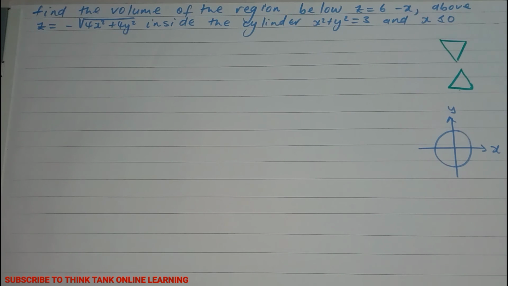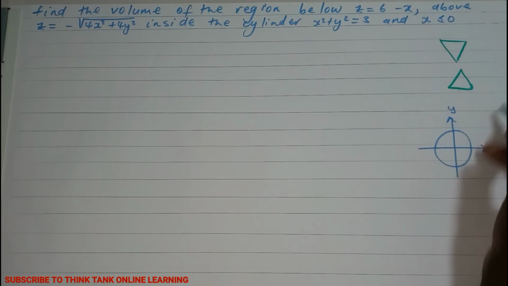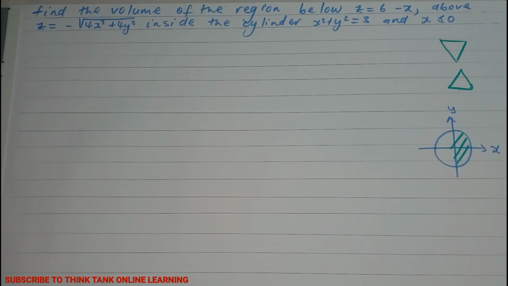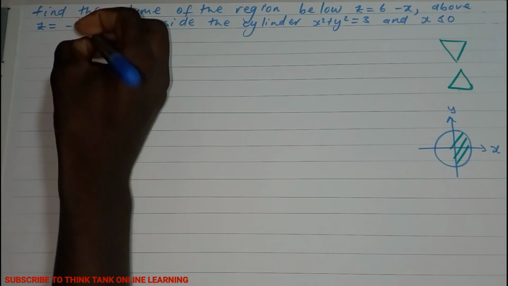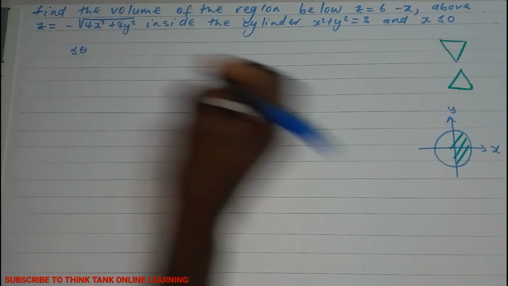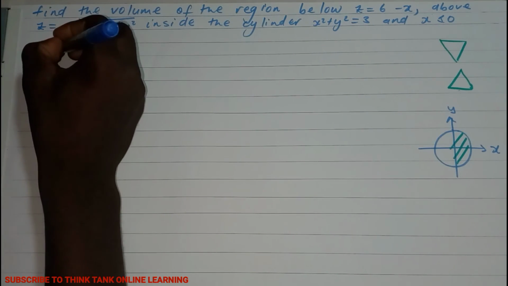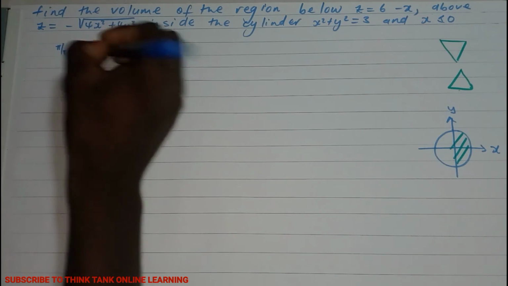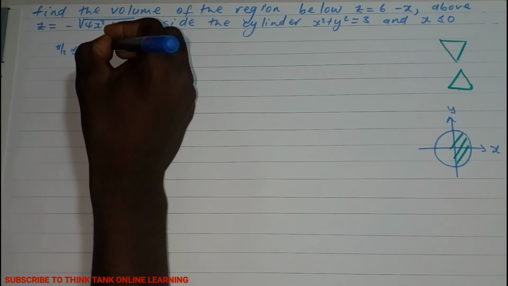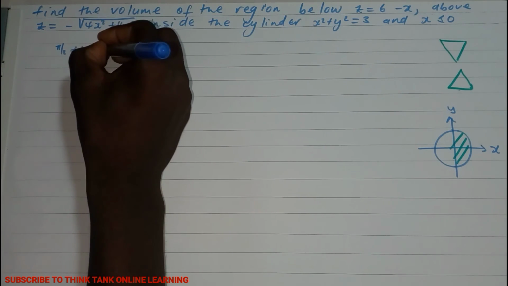Okay, but we're given that x should not be greater than 0, so we don't need this region which I'm shading. So now that means our theta ranges from pi upon 2 to 3 pi upon 2.